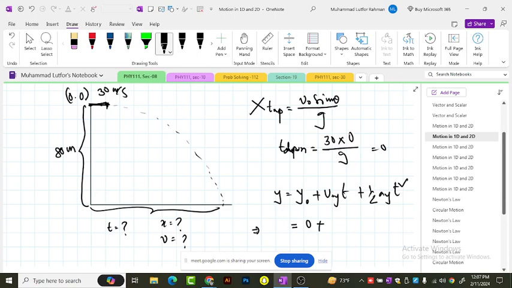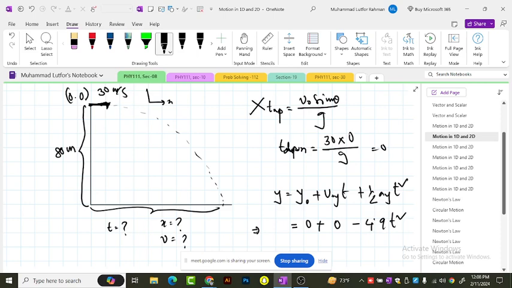Those who are not getting why v naught y is 0: what is v naught y in this equation? V naught y is the initial velocity along the y direction, but you throw that ball in the horizontal direction initially, right? So that's why v naught y is also 0. And you can write it as minus 9.8 divided by 2, which is 4.9 t square.